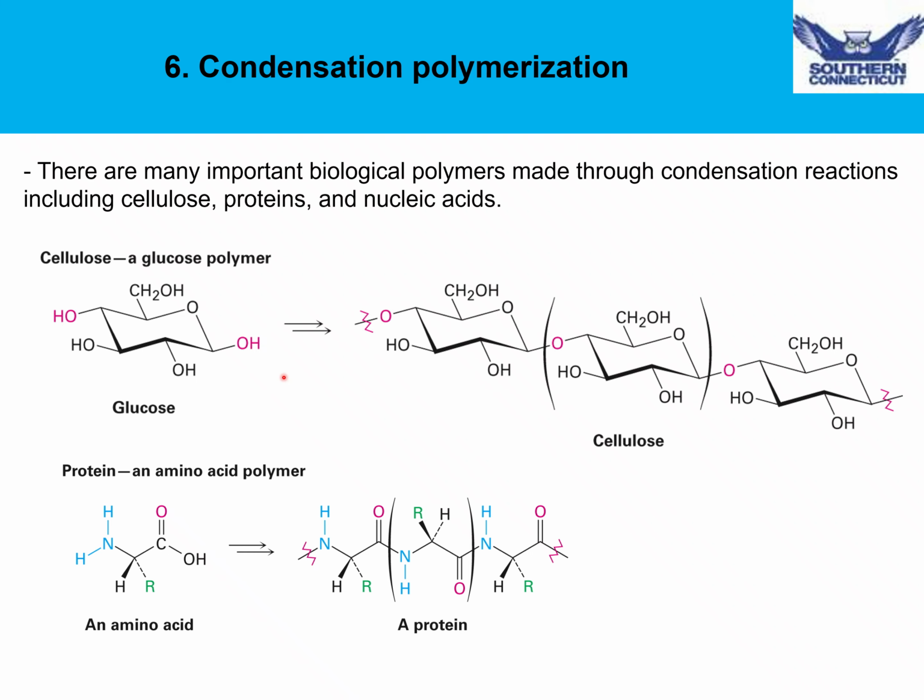There are many important biological polymers, including cellulose, proteins, and nucleic acids. Cellulose is a polymer of glucose, so 2 glucose units can join together by the reaction of this alcohol and this alcohol on 2 different units. So that leads to the formation essentially of an acetal.